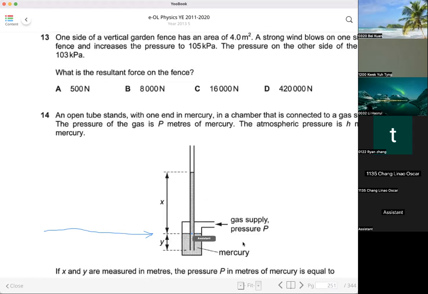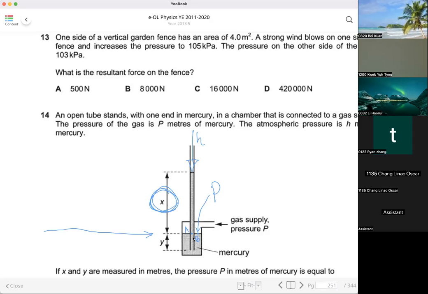This line and this line, these 2 points A and B have the same pressure. Do you agree? Okay, so pressure at B is the same as pressure P because the gas pressure is pushing at B. Then pressure at A is the same as the pressure pressing down by the things on top of it. Okay, so there is an atmospheric pressure pressing down, which is H. And then you add the X, the amount of mercury on top of it.